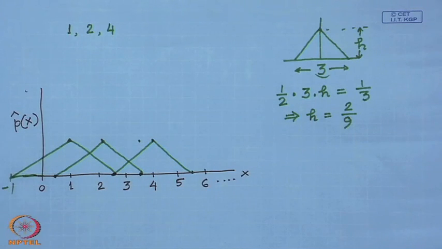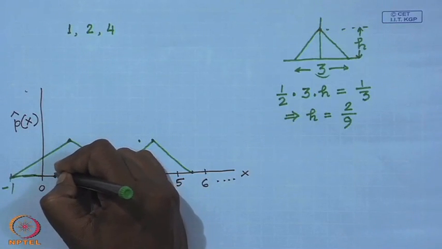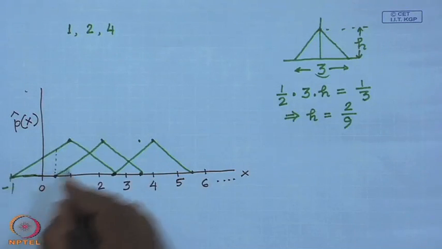So, my final probability density estimate will be the sum of all these triangular windows. Say up to this point, I have only one window.